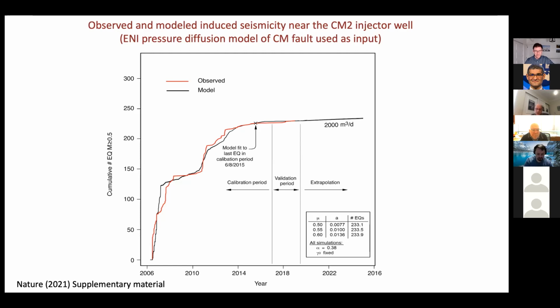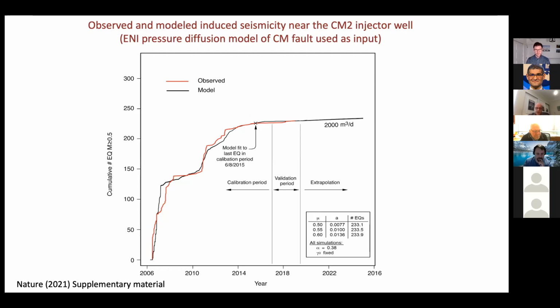And this uses the ENI catalog that, as I understand it, the network didn't change much with time. And so the expectation is that the level of reporting with time is consistent.